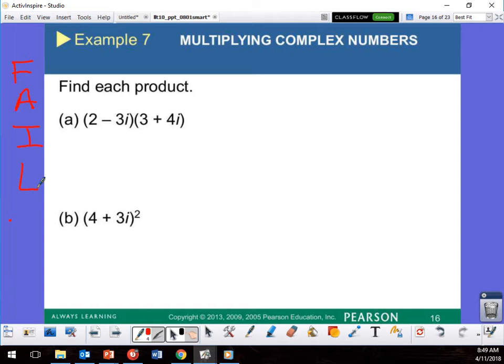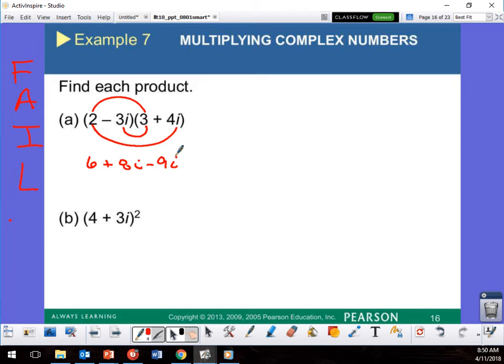So let's do the first. First times first gives me 6. Okay, all the way across. 4i, so that's plus 8i. The inner two, negative 9i. I'm lost. On how to do first, outer, inner, last.